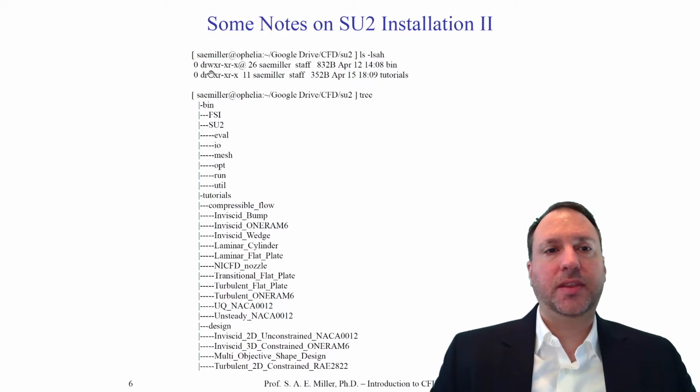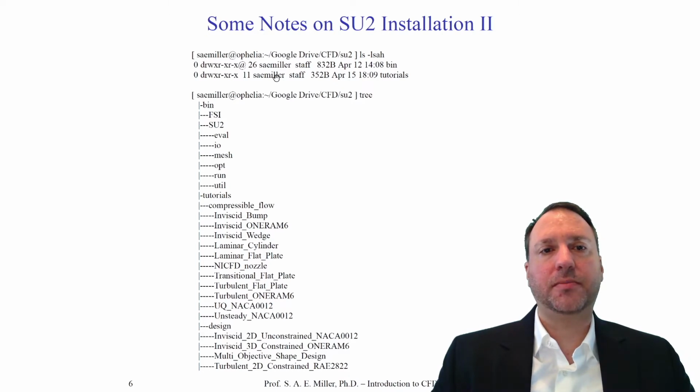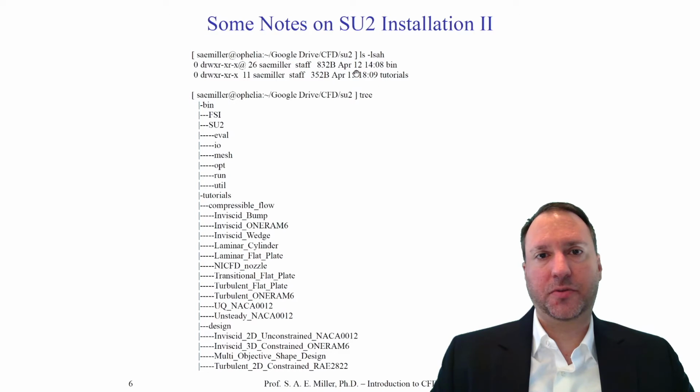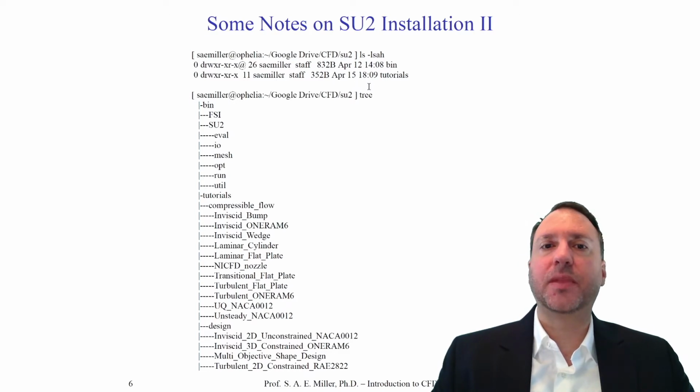You can see here its read, write, execute characteristics. Let's not worry about that for now. It has my username. I'm in the group staff, and it shows a relative size of these folders, not the data in the folders, and the date which they were created, April 12th, at this particular timestamp. And there's the name of the two folders. The first one's bin, and the second one's tutorials.